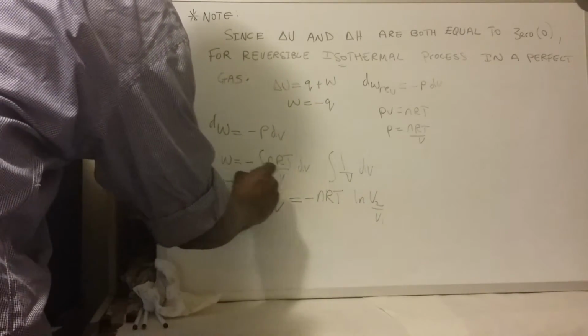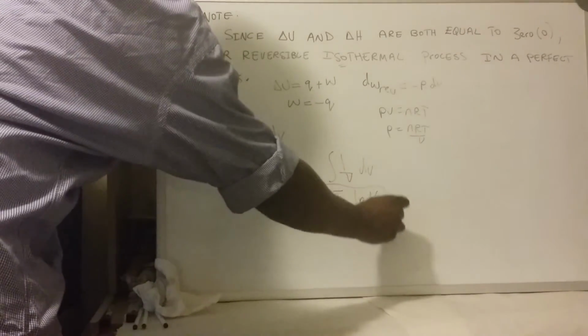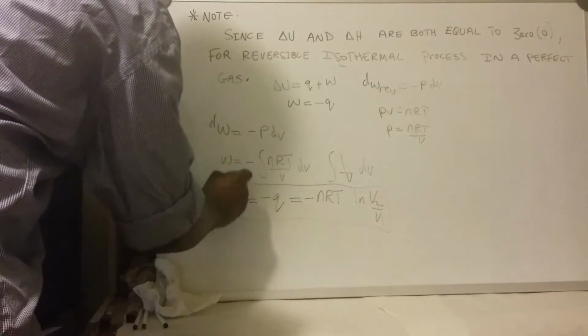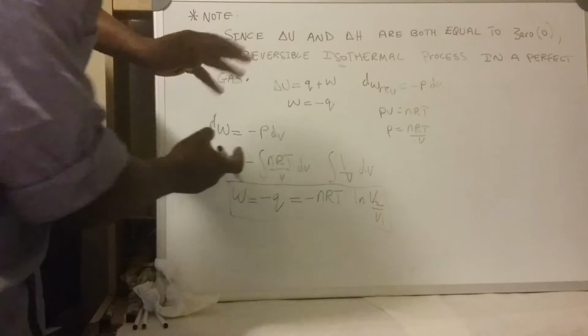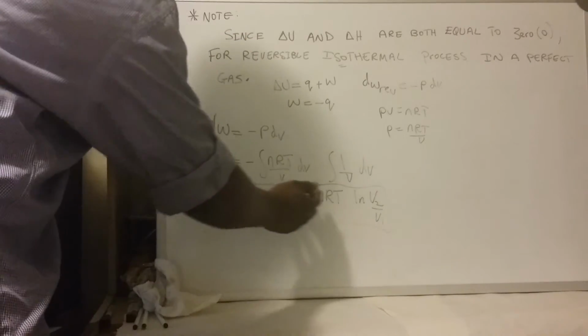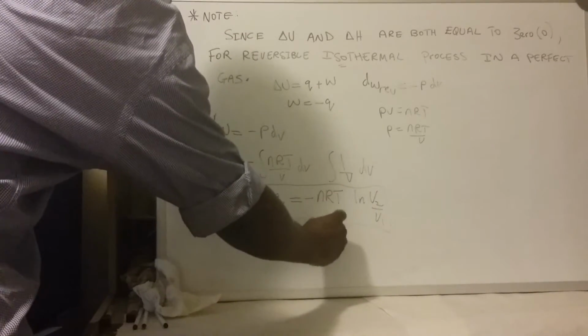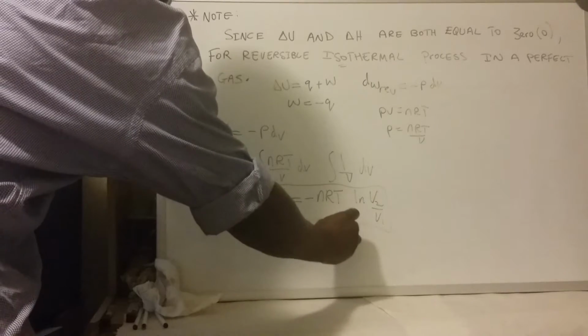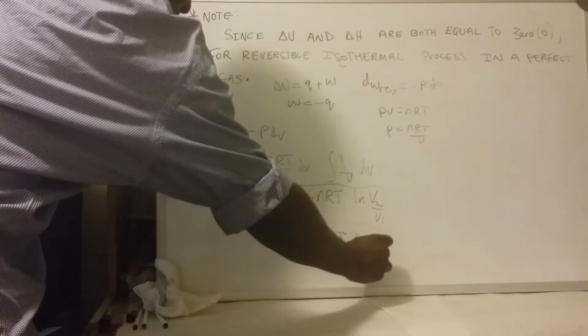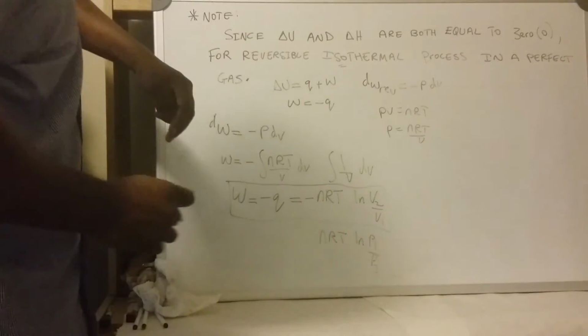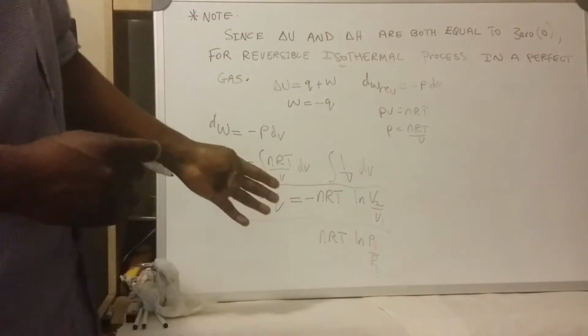So this is our formula that we use to calculate W and Q for a reversible isothermal process in a perfect gas. And this is also equal to nRT ln of P1 over P2. So we just replace that.